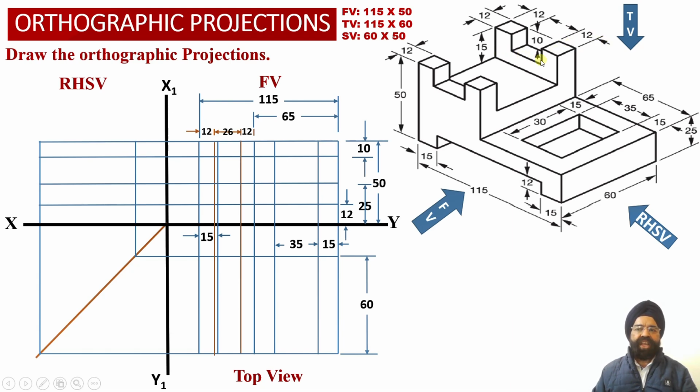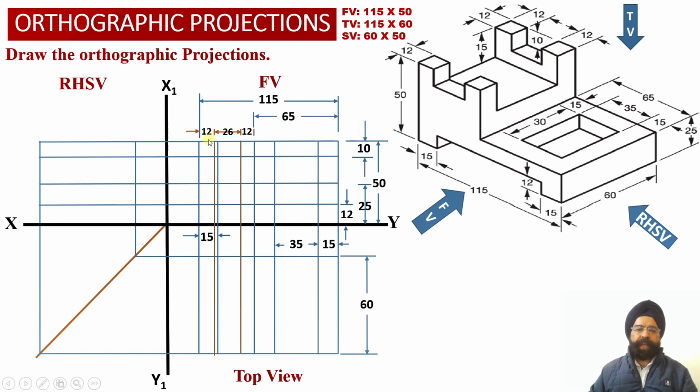So this distance of the rectangular slot, that is the width of the rectangular slot, happens to be equal to 26 millimeter. So now we can check. We have marked two vertical projector lines corresponding to element number 2 such that these distances will be 12 millimeter width corresponding to the first vertical block, 12 millimeter corresponding to the second vertical square block, and 26 millimeter corresponding to this rectangular slot.